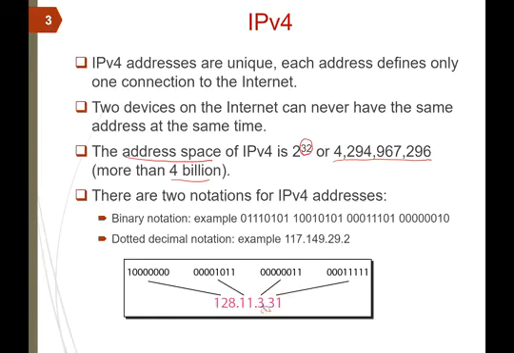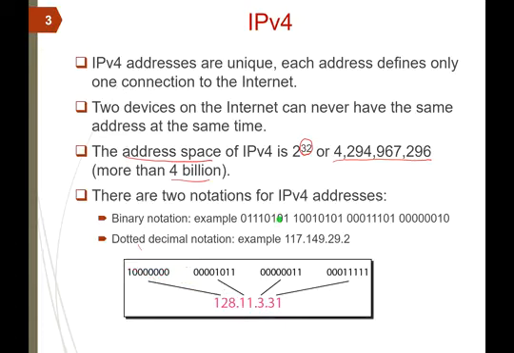Dotted because you have these dots, and decimal because we convert these binaries into decimal. Therefore, we call it dotted decimal representation.